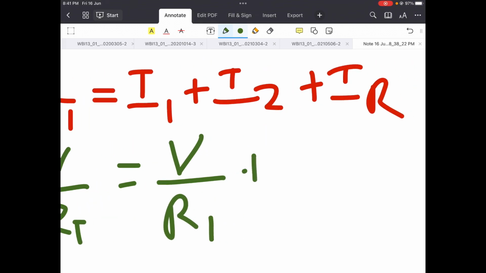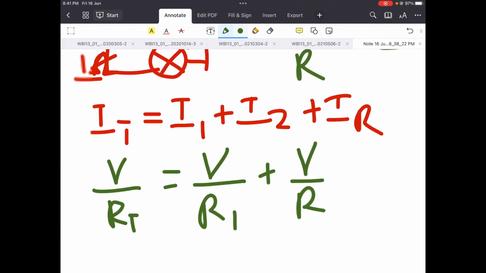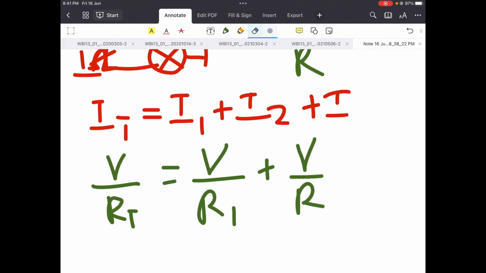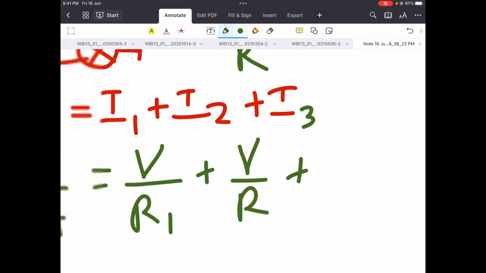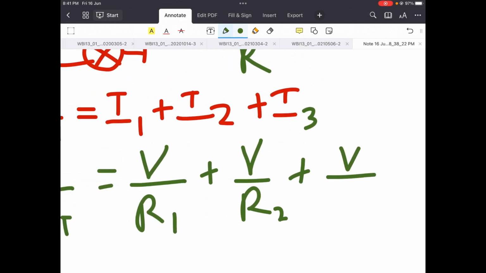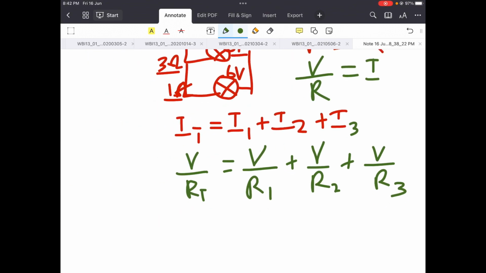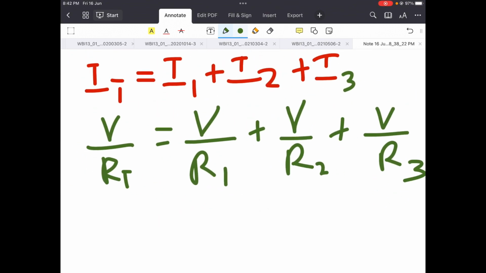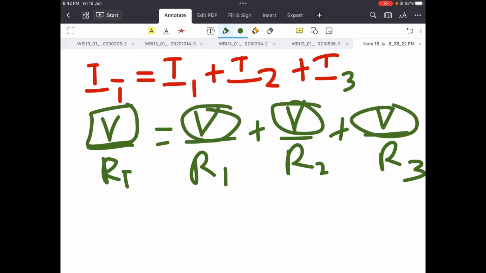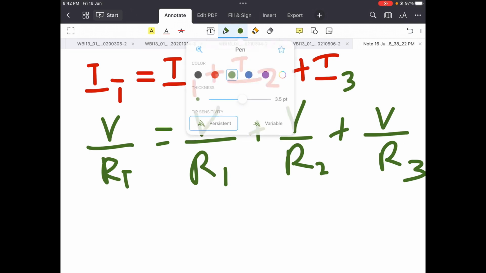This is V over R1 plus V over R2 plus V over R3. And as you can tell, each of these has the same variable, V. All of them have V in it.